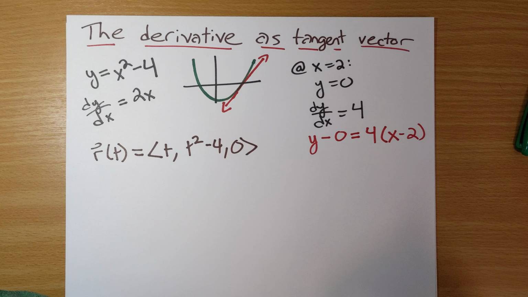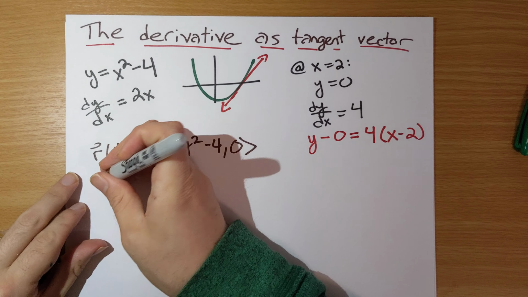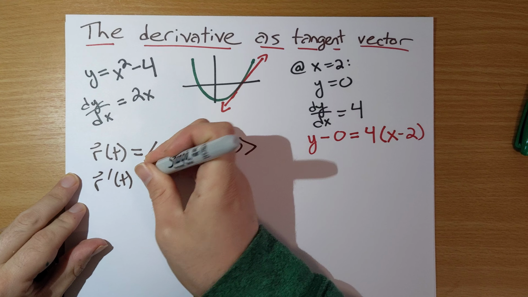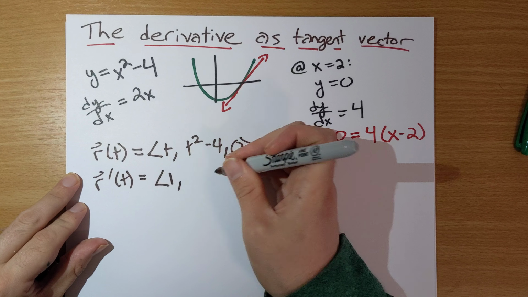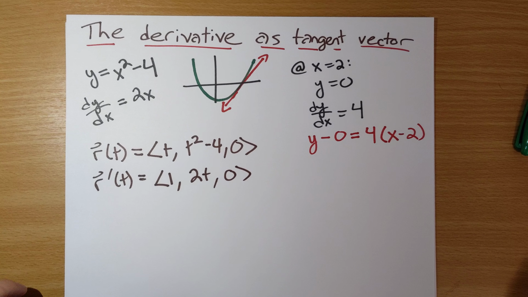Okay, so let's see if we can do all of the same stuff here that we just did using this setting. So let's take the derivative. r prime of t is equal to 1, 2t, 0. So that would be the derivative of r of t.